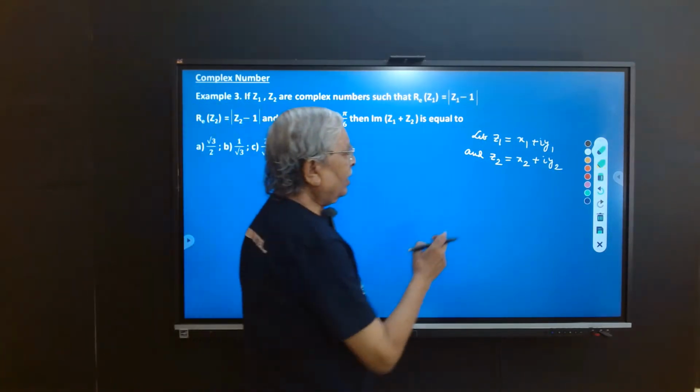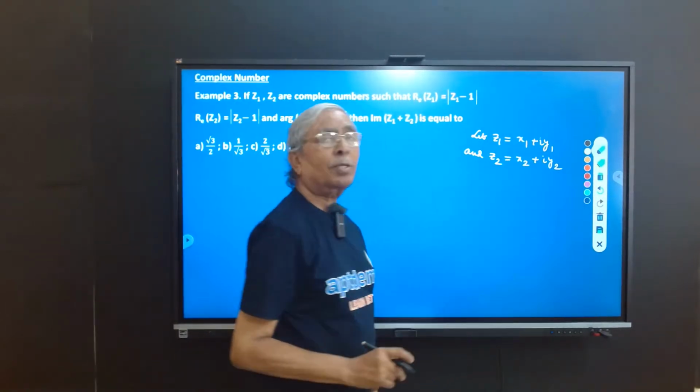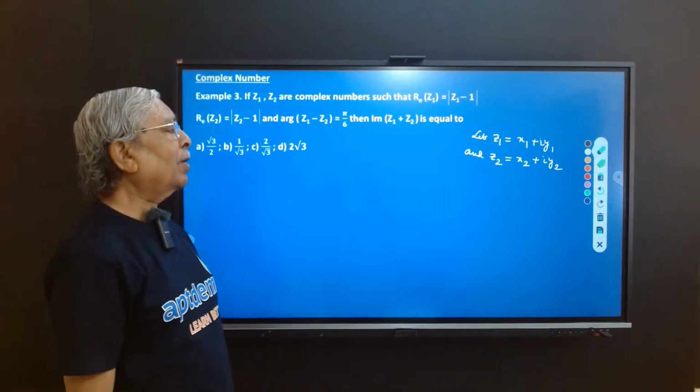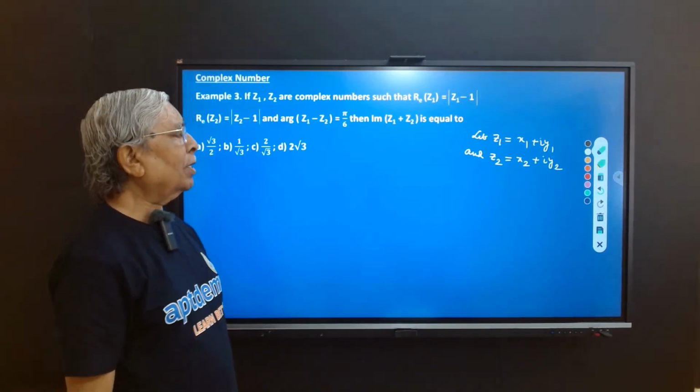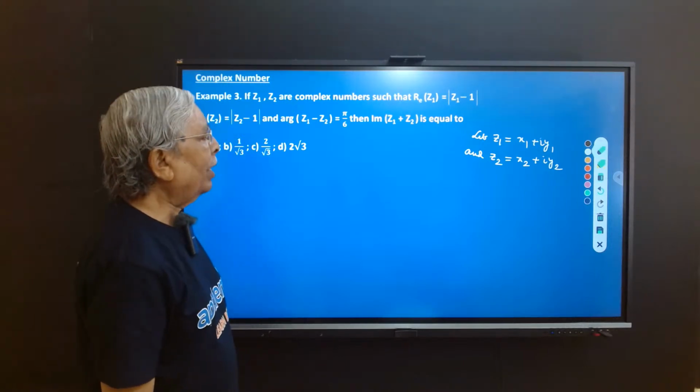What is the real part in the first case? In case of the complex number z1, the real part is x1, imaginary part is y1. In case of complex number z2, real part x2 and imaginary part y2.